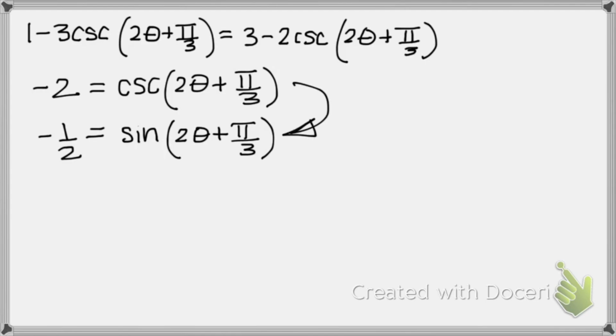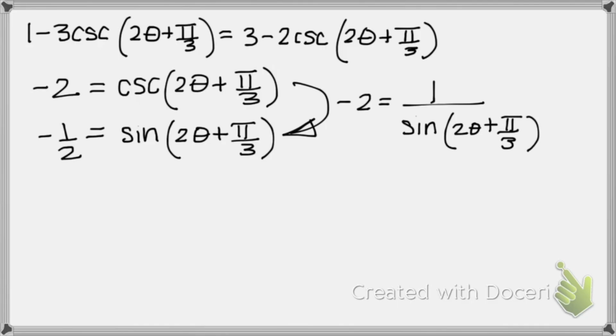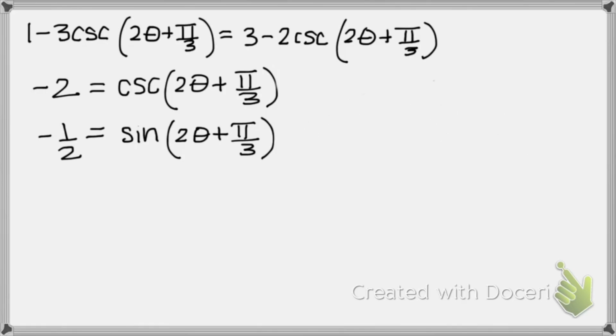I mean, to get from here to here, I'm going negative 2 is equal to 1 over sine of that argument, 2 theta plus pi over 3. And then I'm just reciprocating both sides, right? And then from there, we're on to the unit circle.